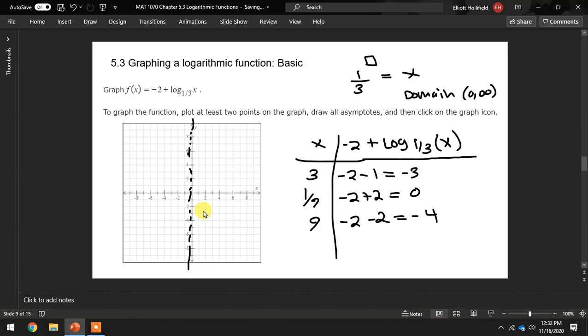Let's go ahead and put these points on the graph. We have 3, -3. We have 1/9, a little bit less than 1, is equal to 0.